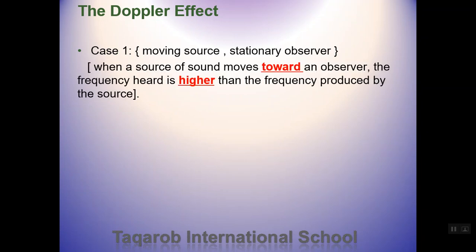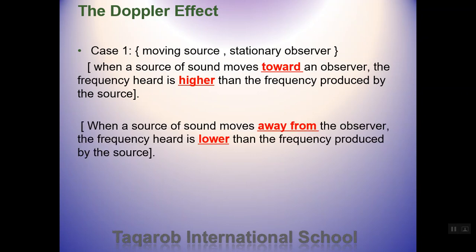When a source of sound moves toward an observer, the frequency heard is higher than the frequency produced by the source. And when a source of sound moves away from the observer, the frequency heard is lower than the frequency produced by the source.